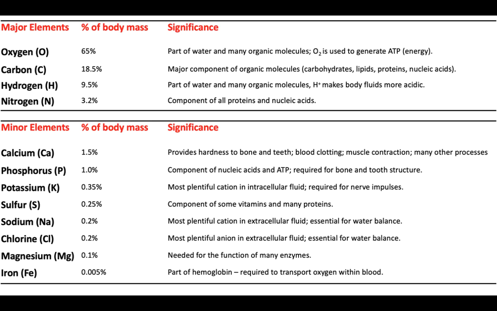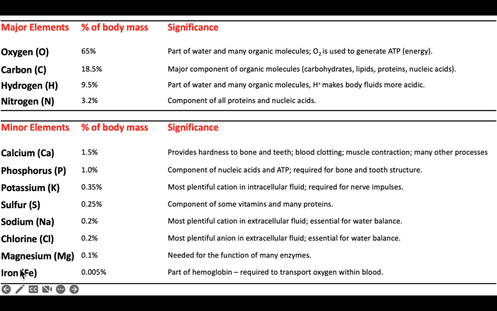So when hydrogen doesn't have an electron, all it is is a proton, and we often call it H+ or a hydrogen ion. And the more hydrogen ions or protons in a solution, the more acidic that solution is. So we're going to come back to that concept. Nitrogen's in a lot of our proteins and nucleic acids.